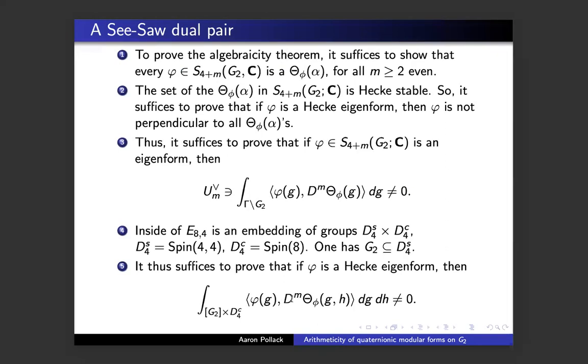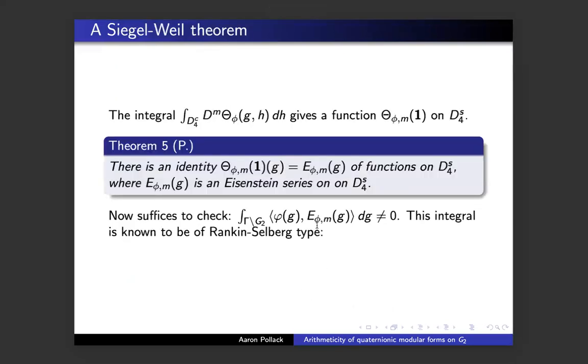And now we've said that the H integral of the derivative of the theta function is an Eisenstein series. So it suffices to prove that if I take the inner product of phi with this Eisenstein series, I get something non-zero. This Eisenstein series is on split D4, not on G2, and I pull it back to G2. This integral turns out to be of Rankin-Selberg type. I can identify it with an L function.